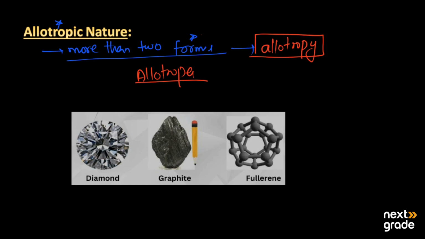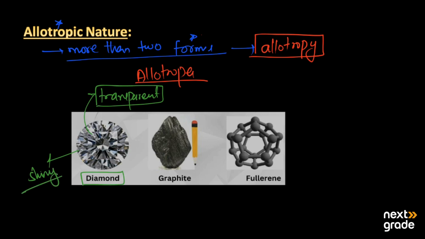The first allotropic form is diamond. It is transparent in nature, with a shiny surface that can reflect light. On the other hand, its second form is graphite. The lead pencil that we use mainly contains graphite.